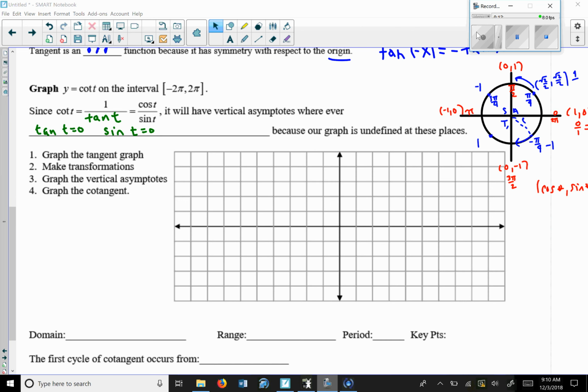So we know that just like tangent, the period for our cotangent is going to be pi, since it's reciprocal, which means our key points are going again by pi over 4. So let's go ahead and put those on our graph.